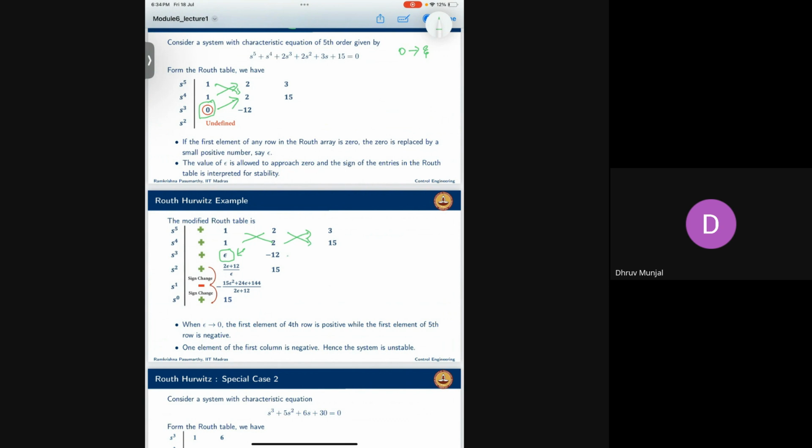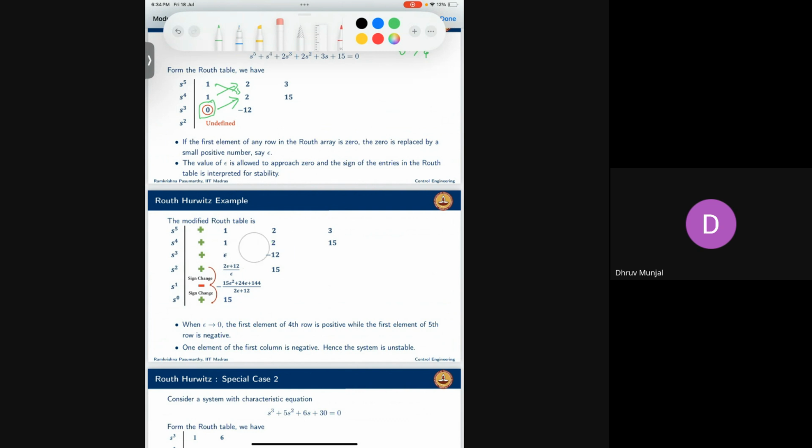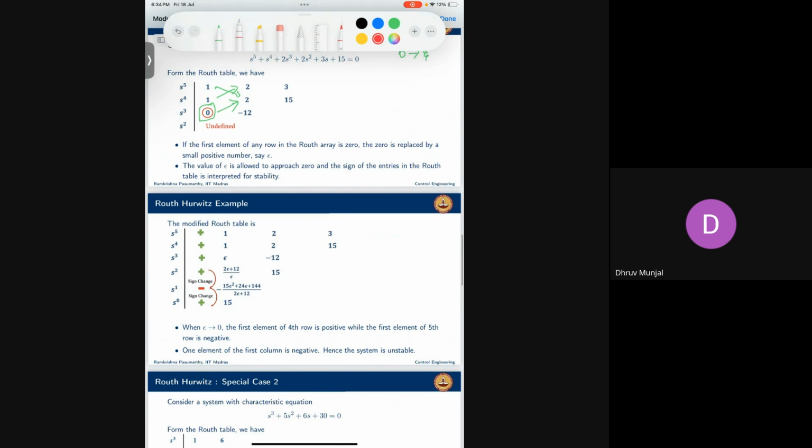Then in the next step you proceed to the second operation. Let me show you here. 2 epsilon minus minus of minus 12, so plus 12, divided by epsilon. That's why here you have 2 epsilon plus 12 by epsilon.